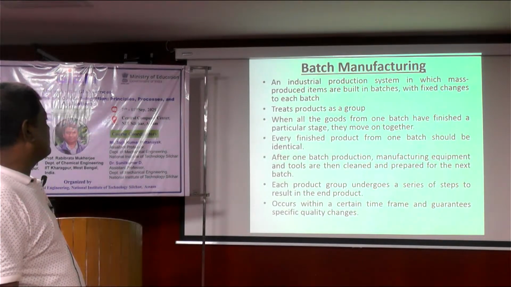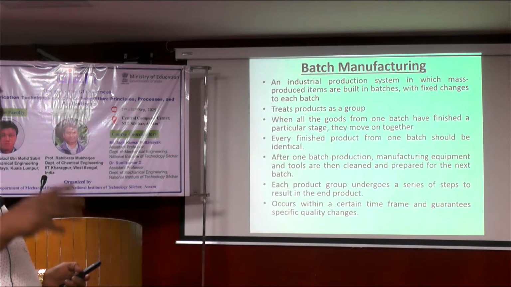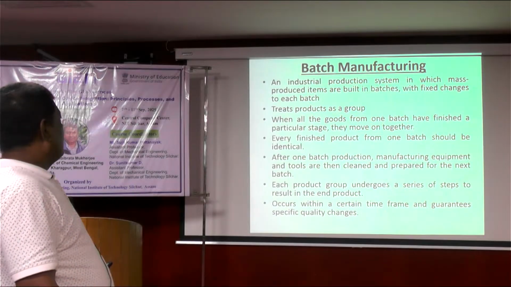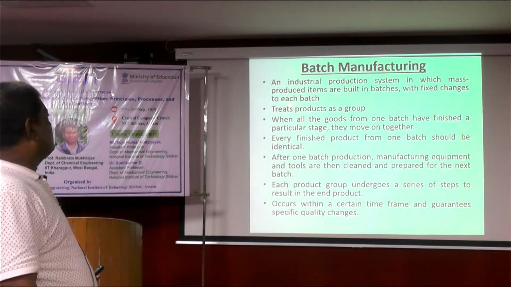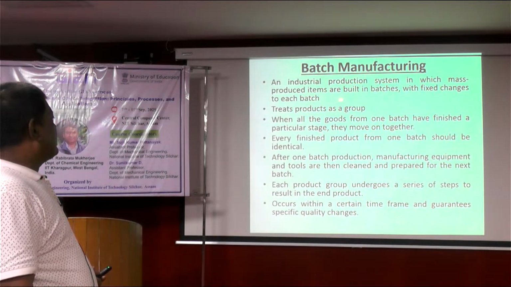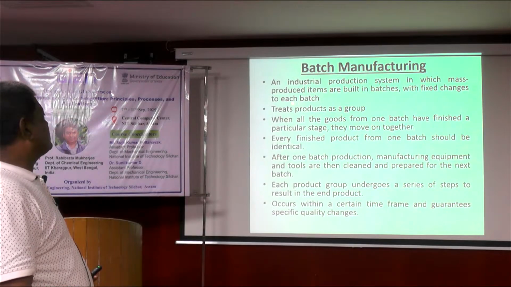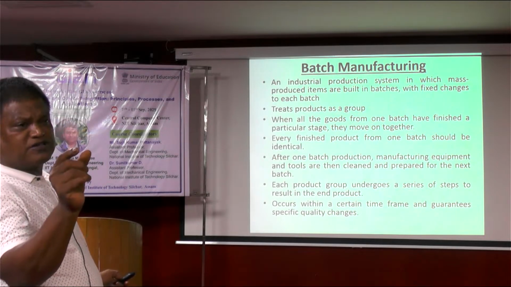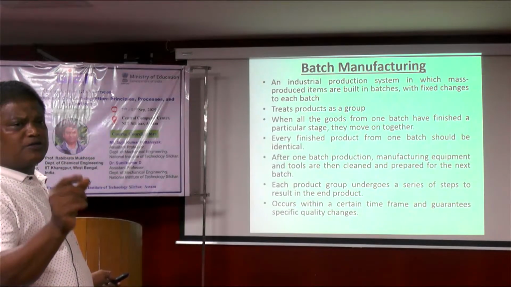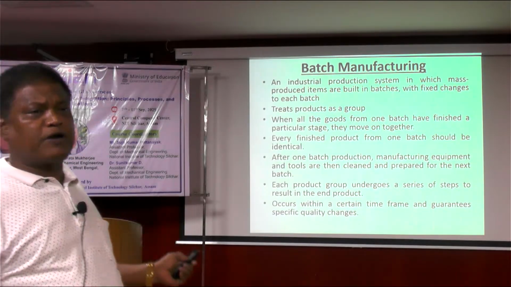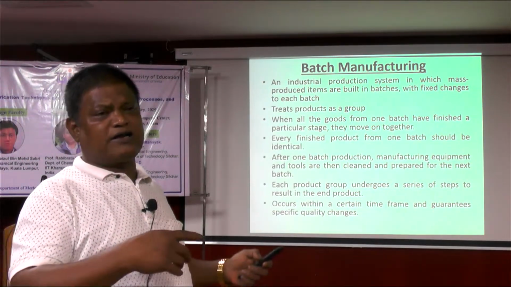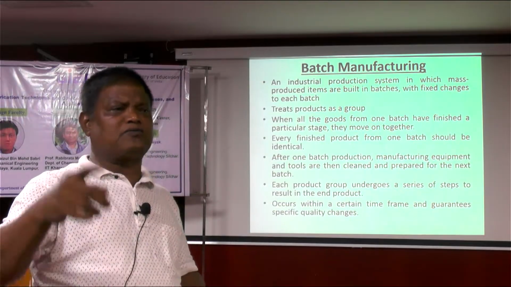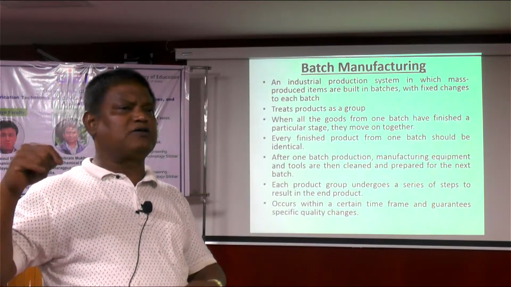Batch manufacturing, look, it treats product as a group. An industrial production system in which mass produced items are built in batches with fixed changes to each batch. You can see in any medicine a batch number is given. Or suppose you take our water bottling plant. At a time they cannot produce a 500 milliliter, 200 milliliter and 1 liter bottle together.